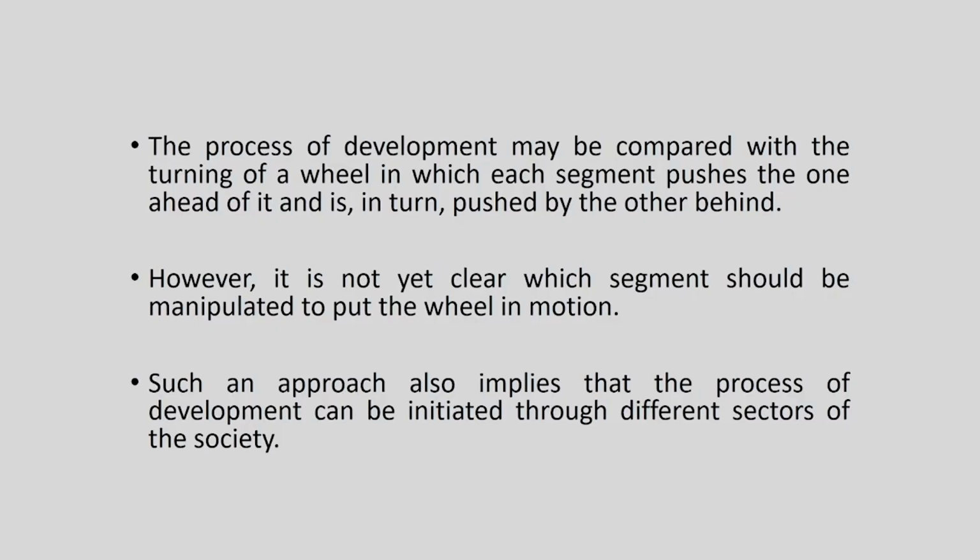Because at least in the Indian context, in Asiatic, African and Latin American nations, we have found that even if per capita income has increased, the quality of life has not increased. The physical quality of life index has not increased substantially. Such an approach also implies that the process of development can be initiated through different sectors of society.